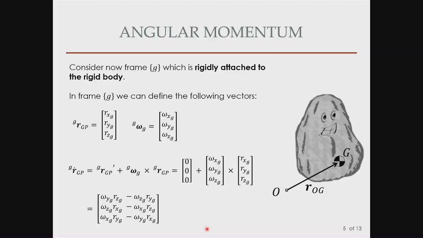Okay, so these are the components for the vector from G to P, this vector RGP. The components are Rxg, Ryg, Rzg. So what are they? I need to break down this vector onto its components along these axes.